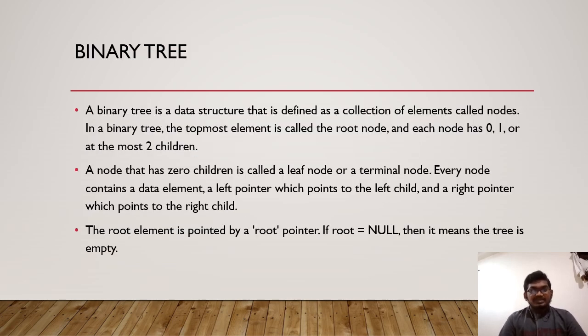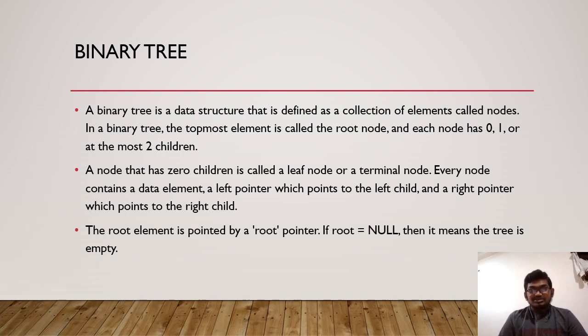Binary tree. There are some particular types of trees, and one of them is the binary tree. A binary tree is a data structure that is defined as a collection of elements called nodes. In a binary tree, the topmost element is called the root node, and each node has 0, 1, or at most 2 children.